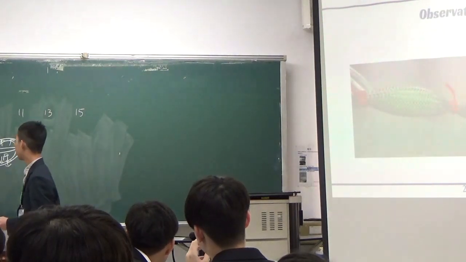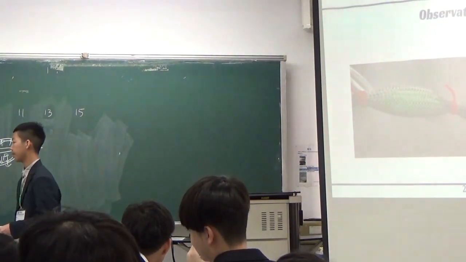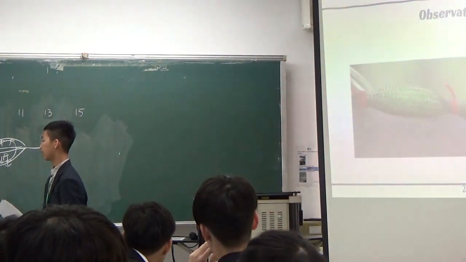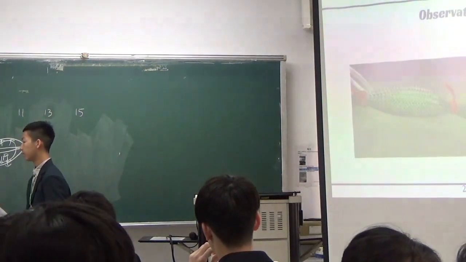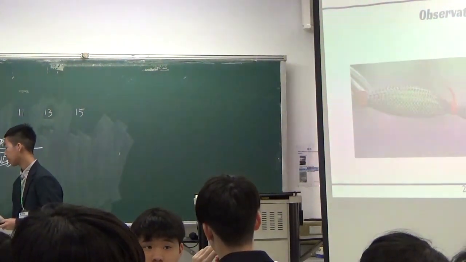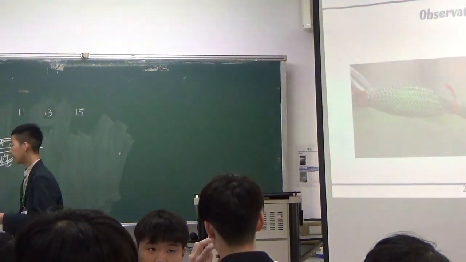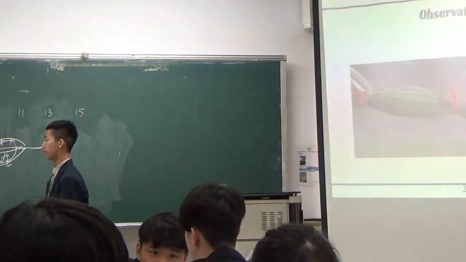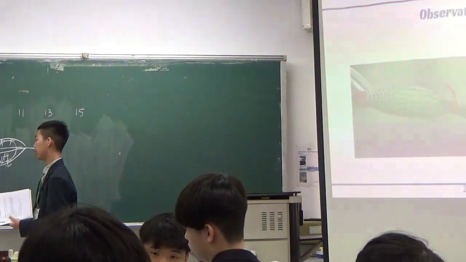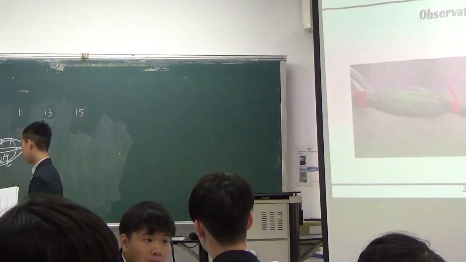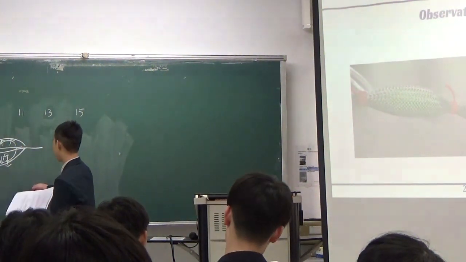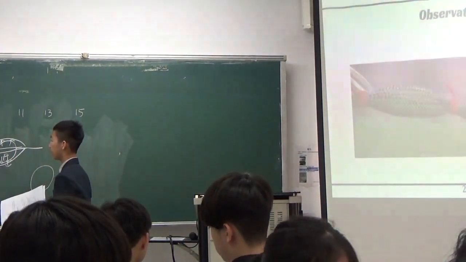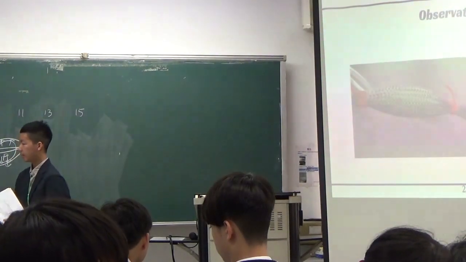In my experiment, I used the smallest, and then the volume, you mean the volume of the balloon? Just calculate the volume of the balloon when it was inflated. Please draw a graph.